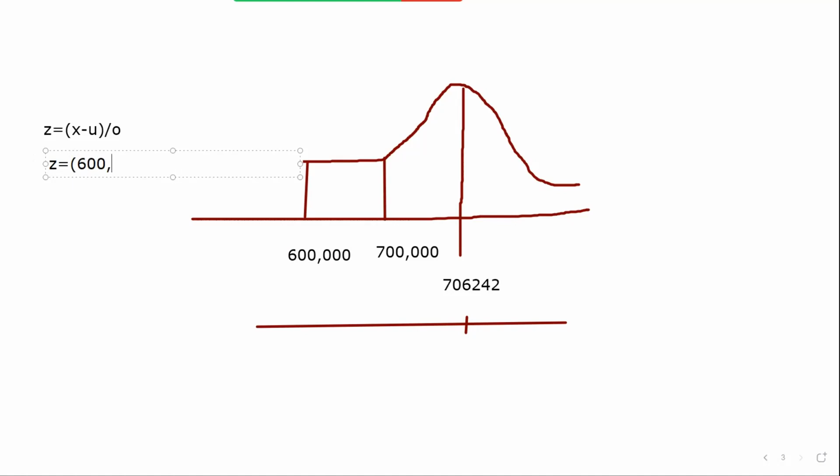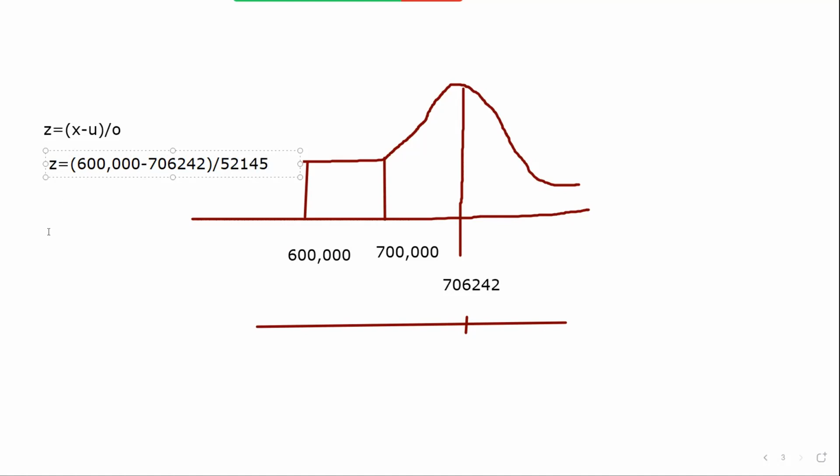600,000 minus 706,242. Be careful not to subtract your x's from each other. Subtract it from the mean, from the middle score. 706,242. And our standard deviation is 52,145.